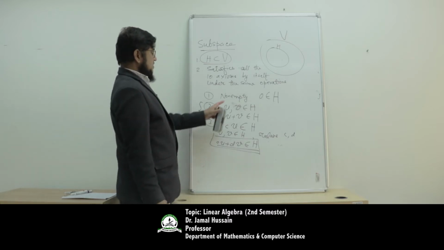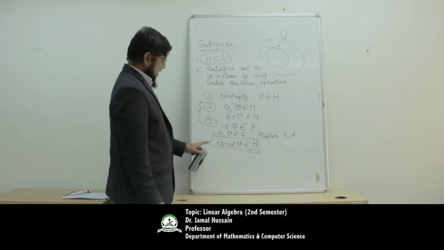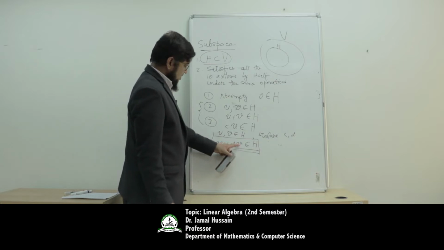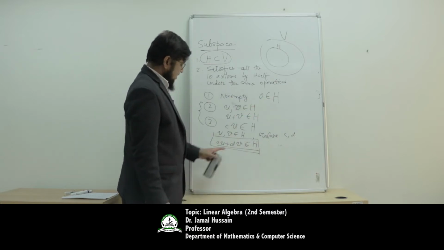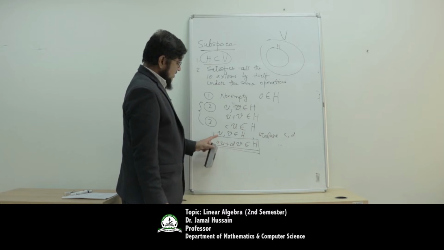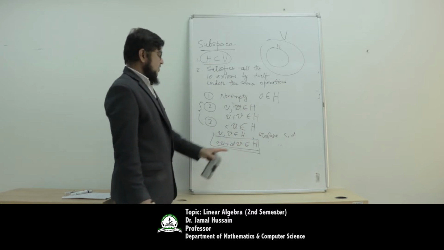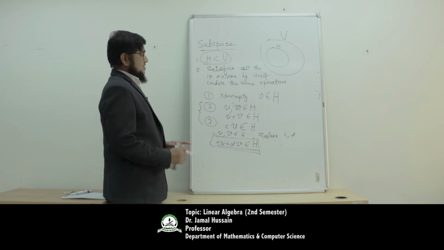So, we can verify whether 0 belongs to H and whether for any two elements U and V in H and two scalars C and D, this belongs to H or not. If it belongs to H, then we say it is a subspace.